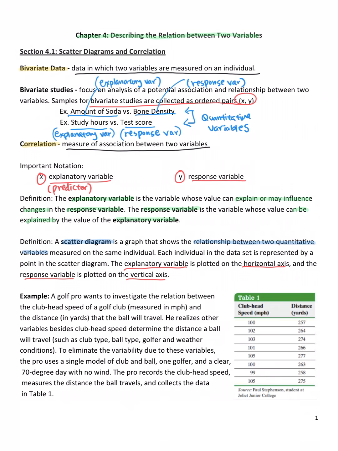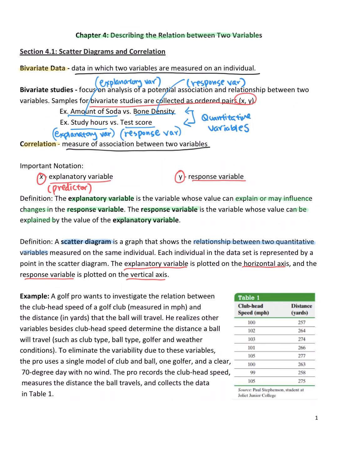So to eliminate the variability due to these variables, the pro uses a single model of a club and ball, one golfer, and a clear 70-degree day with no wind. The pro records the club head speed, measures the distance the ball travels, and collects the data in Table 1.